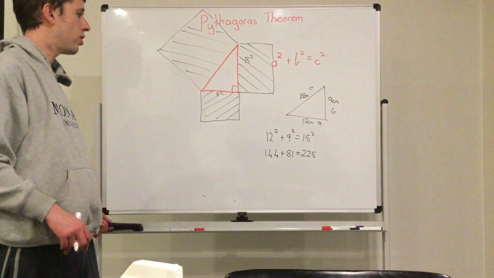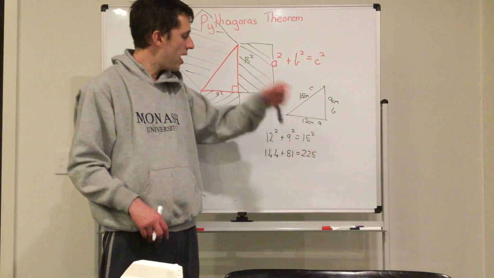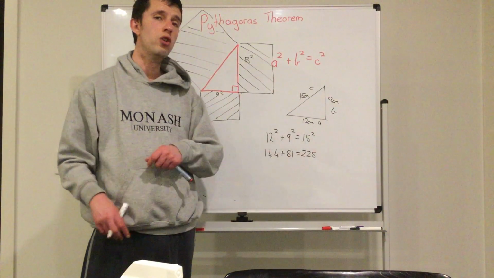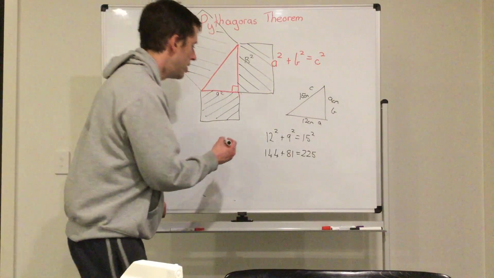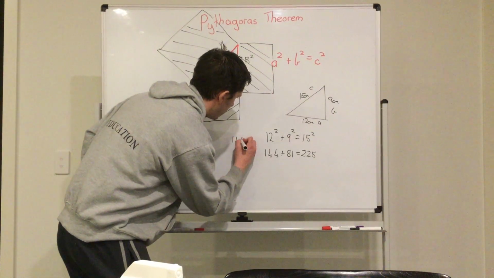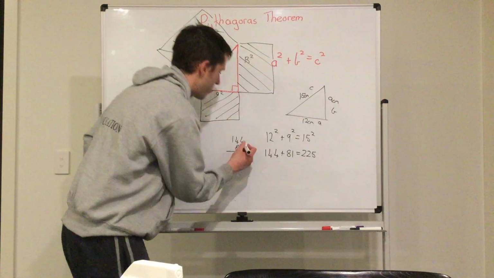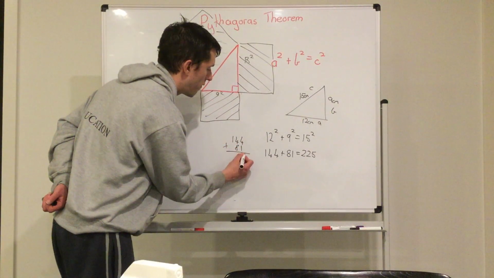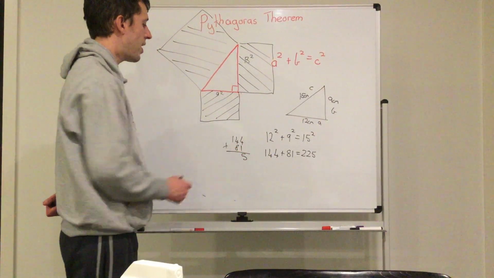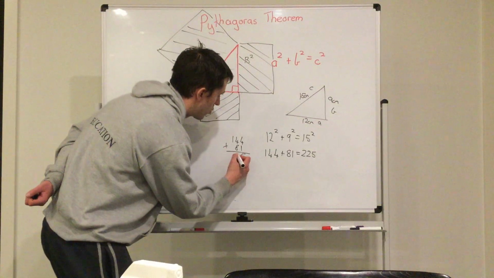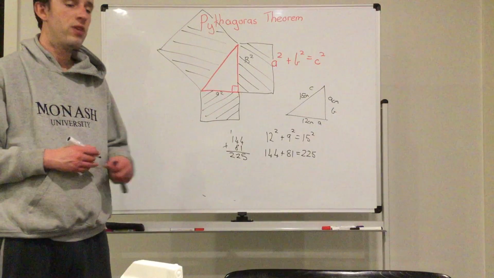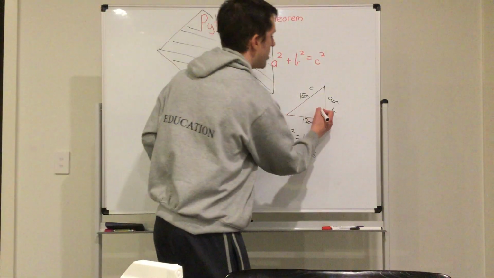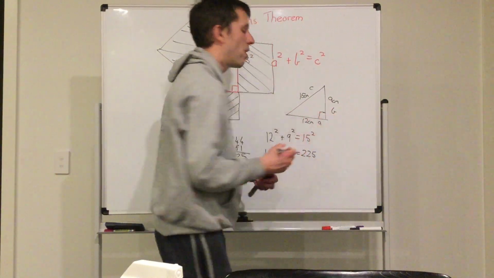Now all we have to do is add this side up, and if it is equal to 225, then this is a right angle. So 144 plus 81, 4 plus 1 equals 5, 8 plus 4 equals 12, 225. So that tells me that this triangle is a right angle.